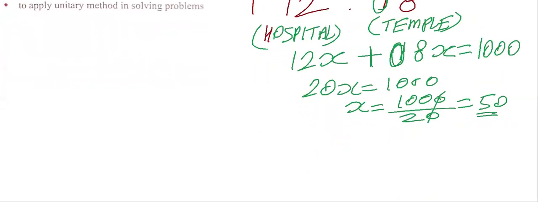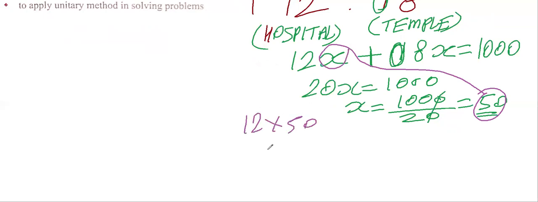So how much are you giving to the hospital? You multiply this value of x here, so 12 into 50, which is 600. And for the temple, you multiply 8 into 50, so that will be 400.